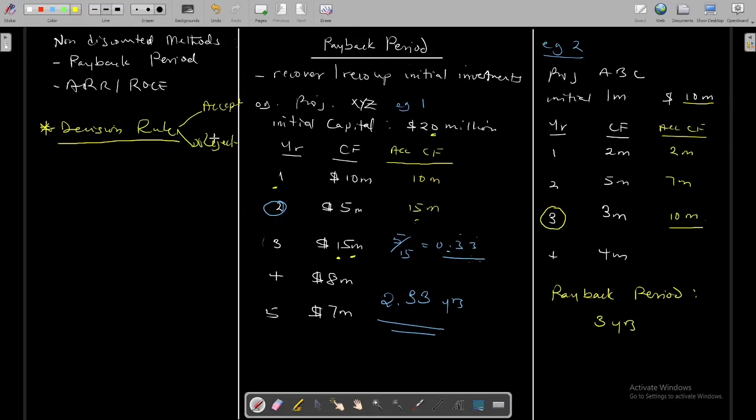So what is the decision rule? For payback periods, if the project meets the management established payback period, the project is accepted.